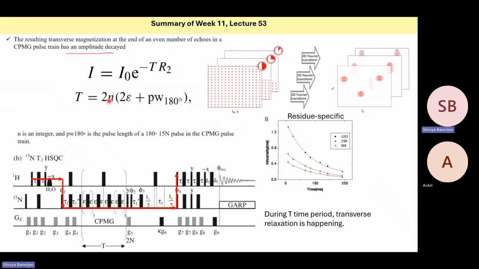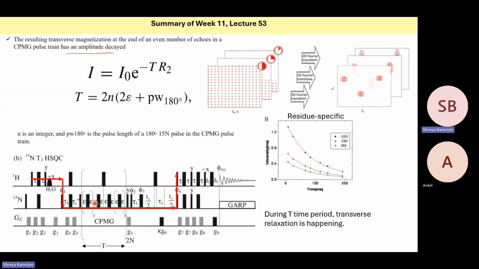Now T can be written as 2n, where n is some constant, into 2 epsilon plus pulse width of 180. So we are applying 180-degree pulses in this T. You can see these pulses are 180-degree pulses. You are applying whatever is the pulse width that is put here, and epsilon is whatever time gap is given between these pulses.